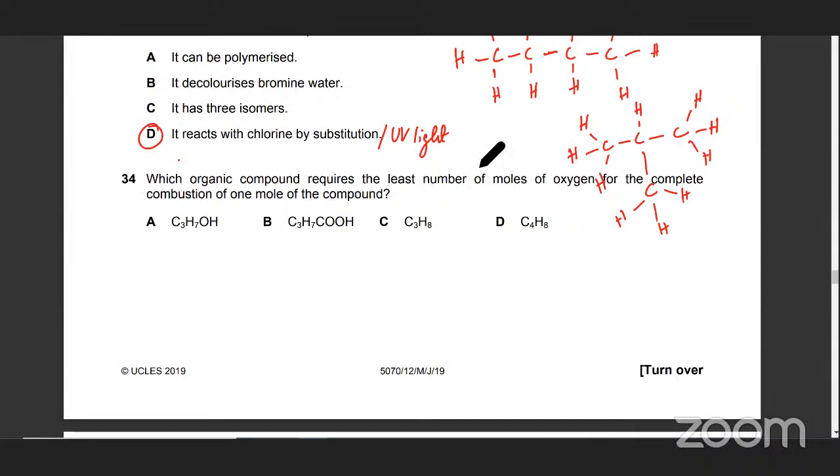अच्छा, which organic compound requires the least number of moles of oxygen for the complete combustion of 1 mole of the compound? Now, this one is a very lengthy question. वो कह रहे हैं least number of oxygens. अब बैठ के equation बनानी पड़ेगी for everyone. C4H8 reacted with O2. So you're going to produce CO2 and H2O, and you can balance it out.